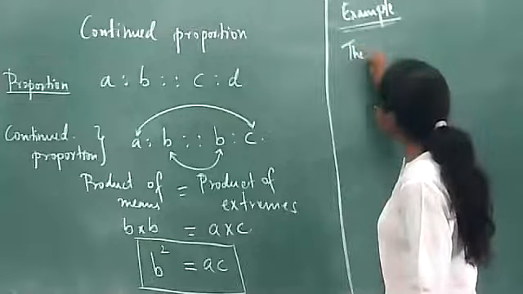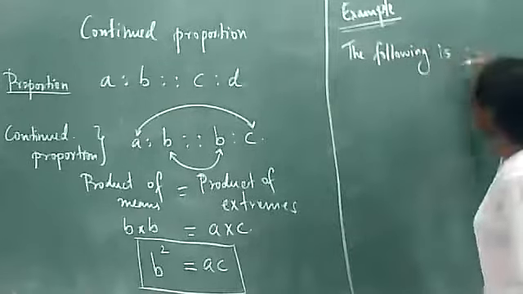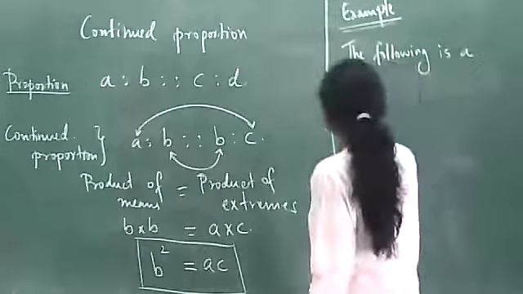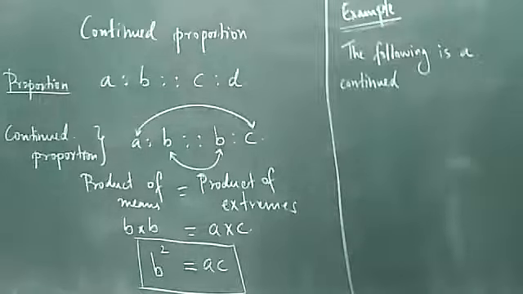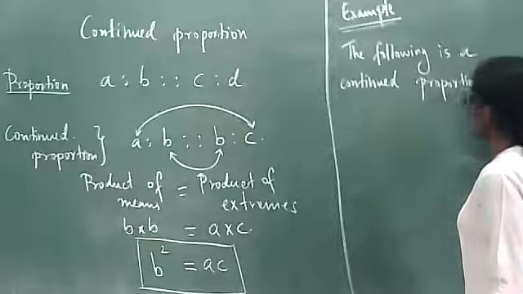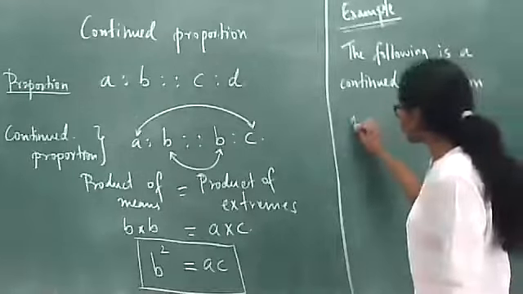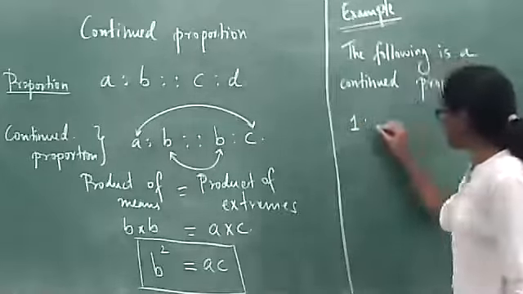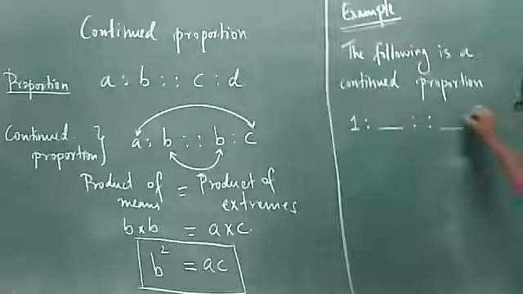The following is a continued proportion. EP, your board is extremely blurry. You can switch on the video and try again. Yeah, are you recording, EP? Yes, I am. Okay, so if we are given a proportion, and it's also given that it's a continued proportion, say 1 is to dash is proportional to dash is to 9.